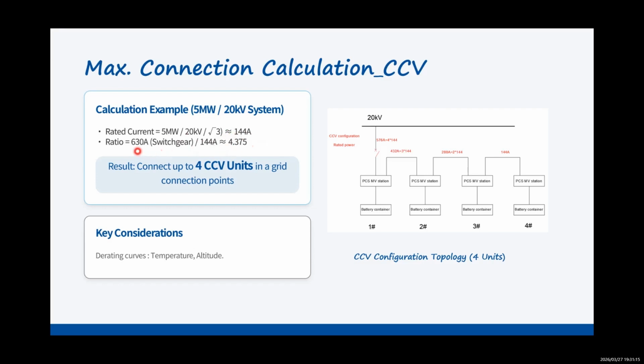So the rated current of a single switchgear, 630 amps, divided by 144, is 4 units. So the result is that in one grid connection point, we can connect up to 4 CCV units.